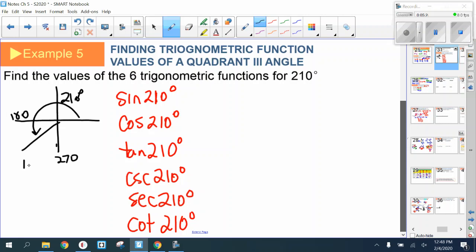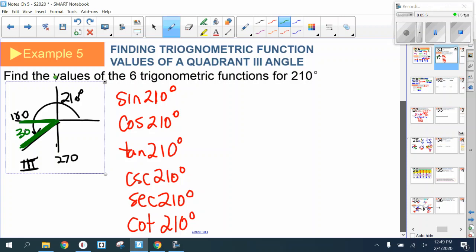Third quadrant. Okay. And what you want is to look for how far it is off of the x-axis. So basically, you're going to do this in your head. How far is 210 away from 180? That's 30 degrees. Okay.